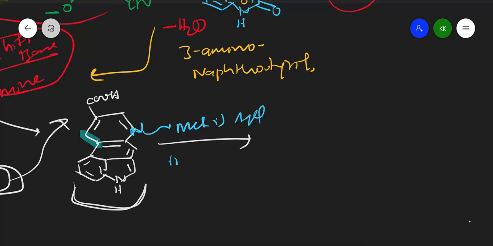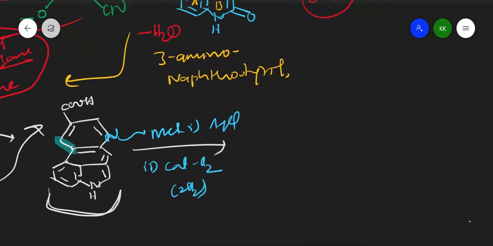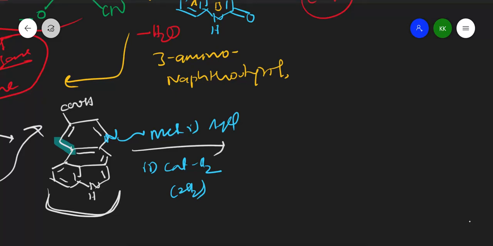So this is the first step, and the second step, I'll add catalytic hydrogen, which provides two molecules of hydrogen, so as to remove that aromatic double bond. So we get this product. I will just write it here, right? So we will get this. Other things remain as they are.